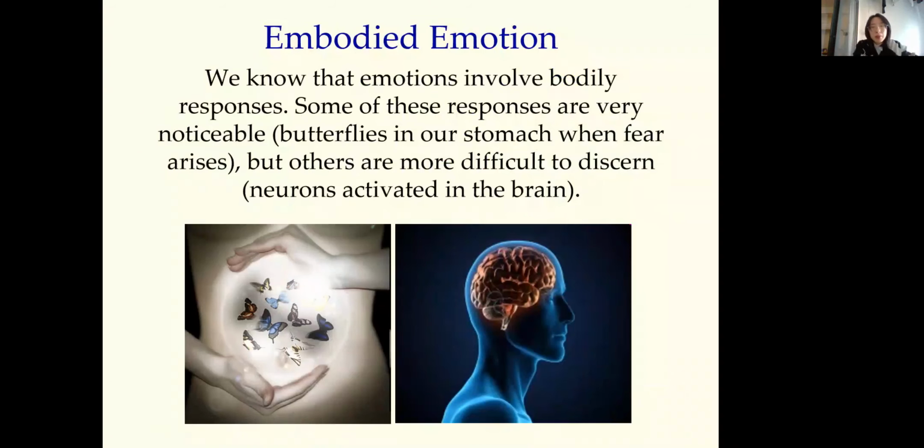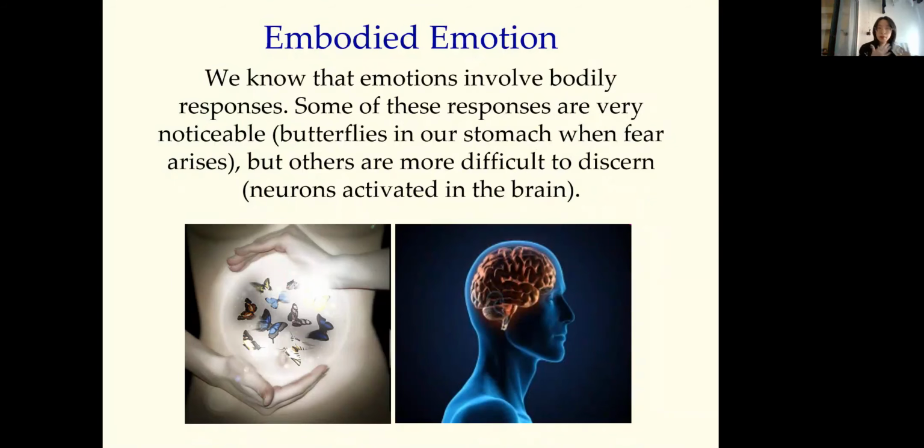And now we know that emotions involve our body responses, of course. Some of these responses are very noticeable, like the phrase butterflies in our stomach when fear arises. But others are more difficult to discern, like neurons activated in the brain.